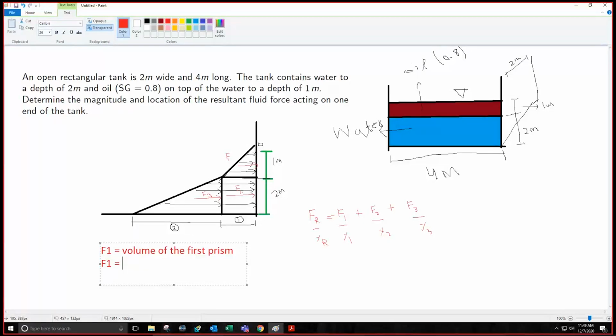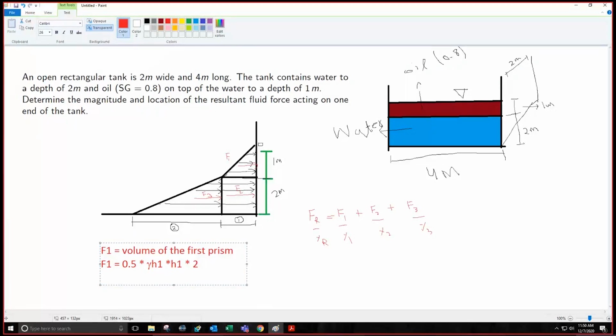Sir, half into specific weight of oil, the base of the triangle, which is 0.5, multiplied by the specific weight of oil. Let's write it as gamma oil, multiplied by height square, which is 1 square, which is H1 multiplied. This is the half base into height. Again H1, right? Yes, sir. Into the depth, that is the width of this tank, which is 2 meters. ठीक है? समझ आ गई बात?